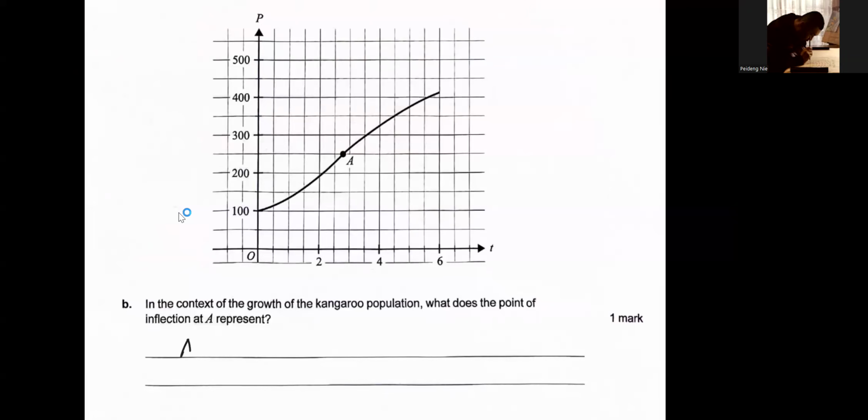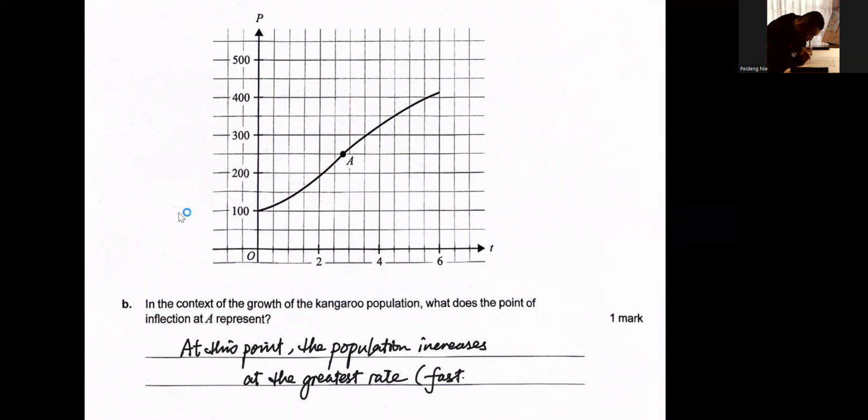That means at this point, the population increases at the greatest rate, or we can say fastest rate of increase or rate of growth, okay? Something along this line.